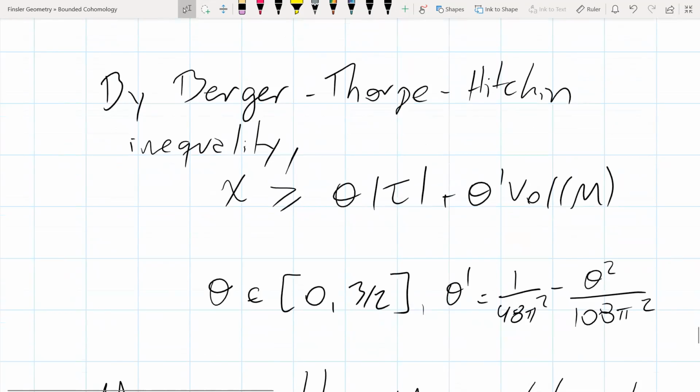Other conditions are too strong. And then you have to use a Weitzenböck connection.